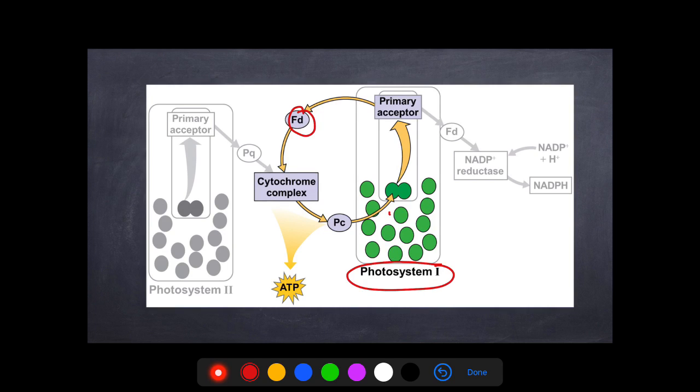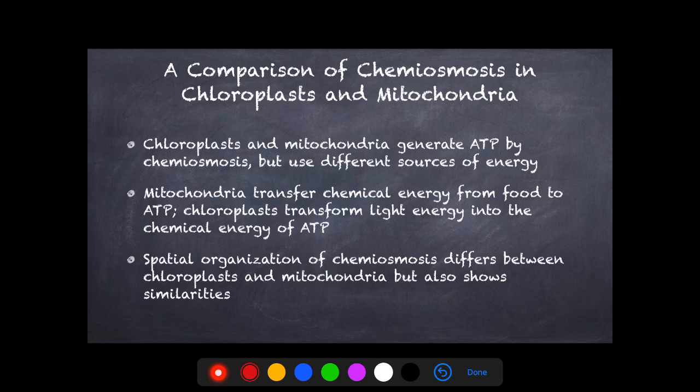So in cyclic electron flow, you have electrons that are going to cycle back from FD to the cytochrome complex to PC to P700 and then to the primary acceptor and then back again.